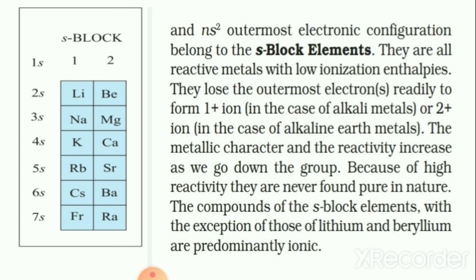Now, what type of compounds do they form? For example, consider sodium chloride, calcium oxide, magnesium chloride, etc. You know that all these compounds are ionic in nature. Therefore, we can say that S block elements form ionic compounds. But lithium and beryllium, being the first element in the respective groups, form covalent compounds.